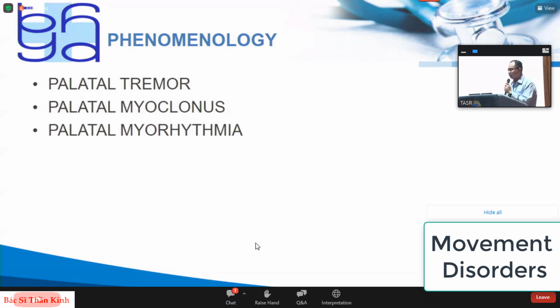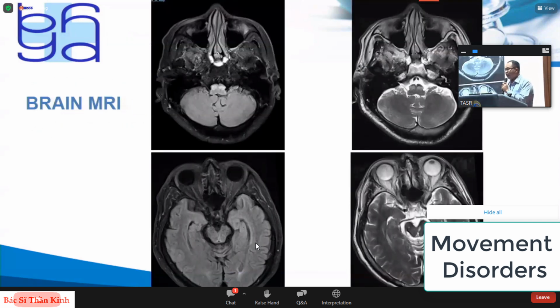However, there is some overlap, because there are other movements associated with palatal tremor, like facial myorhythmia. Therefore, some authors suggest the phenomenology is palatal myorhythmia in those cases.